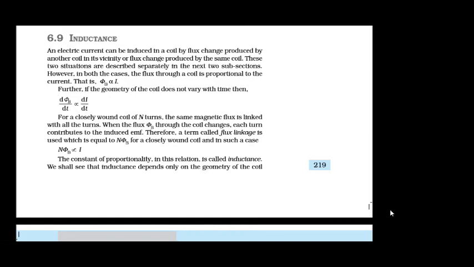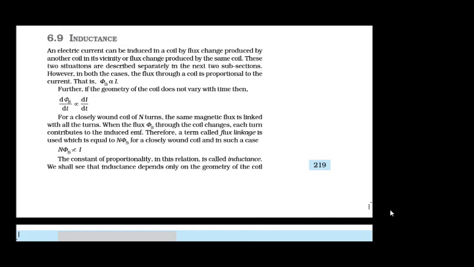For a closely wound coil of N turns, the same magnetic flux is linked with all the turns. When the flux phi B through the coil changes, each turn contributes to the induced EMF. Therefore, a term called flux linkage is used, which is equal to N phi B for a closely wound coil.